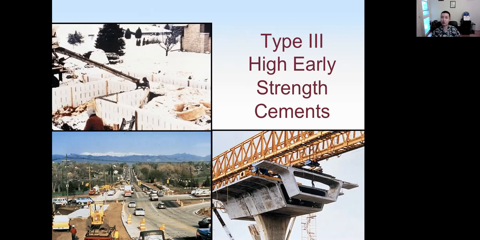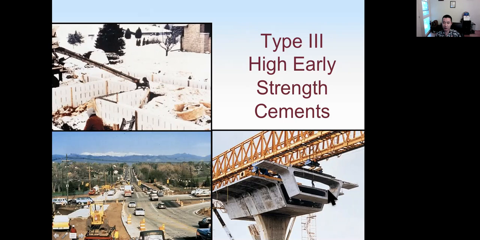Okay, so using Type 3 cement may compensate for the cold weather. Or for emergency repair of the pavement, we want to open the road faster, so we use Type 3 cement, so the concrete will get its strength faster, and we can open the road sooner.